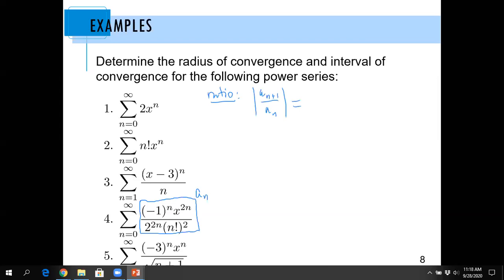And what am I going to end up with? Absolute value of x to the 2 quantity n plus 1. Is that right? Over, what's on the bottom?